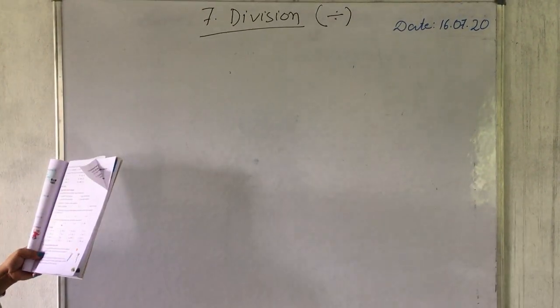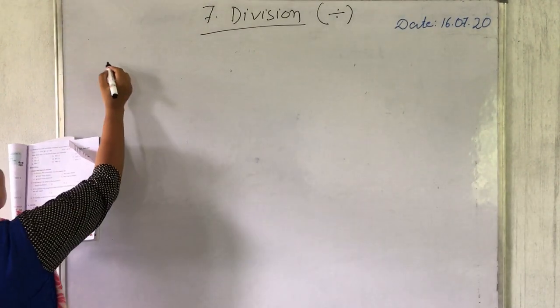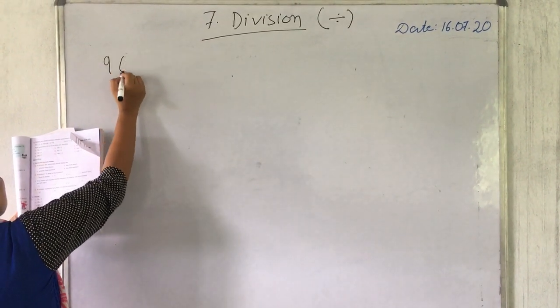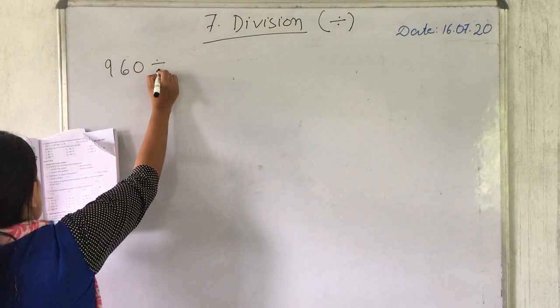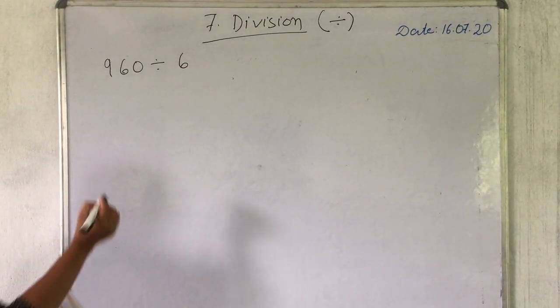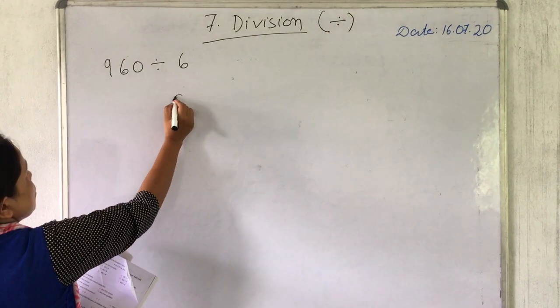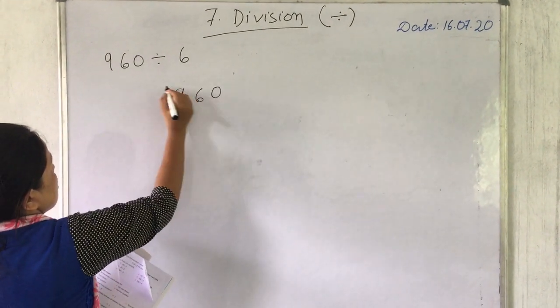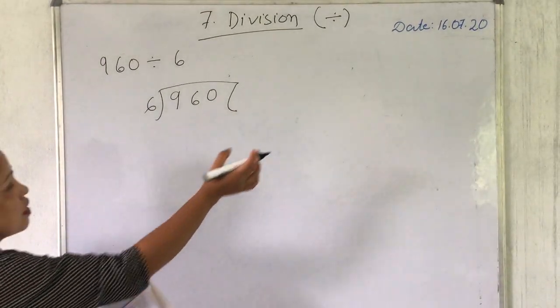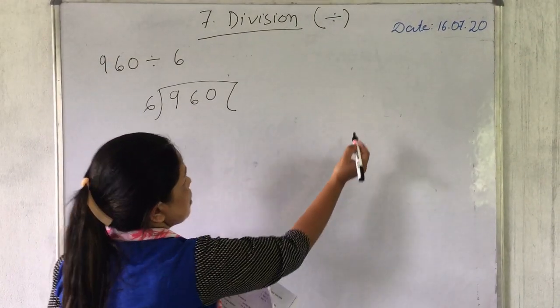Next one is 960 divided by 6. Okay, now you have to do 960 divided by 6. Again that means you have to write the table, isn't it?